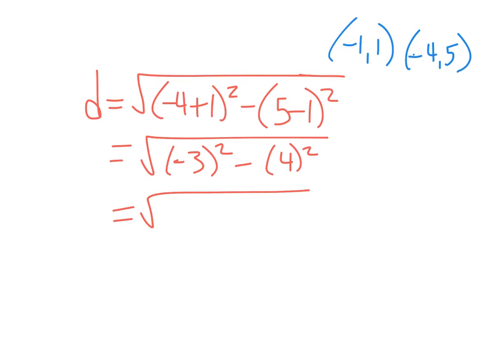What's -3 squared? 3 times 3 is 9. And then 4 squared would be 16. What's 9 minus 16? 9 minus 16 is -7. I did something wrong here.